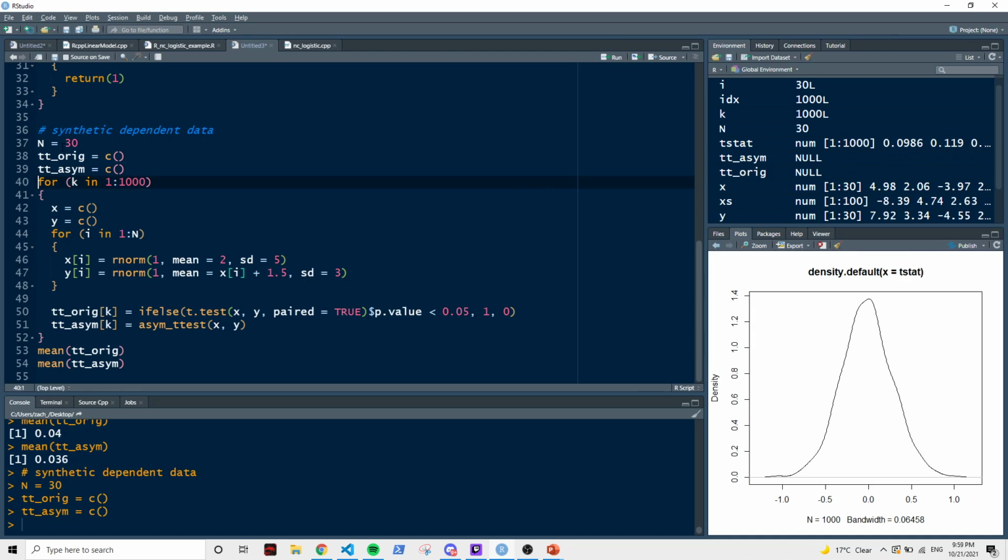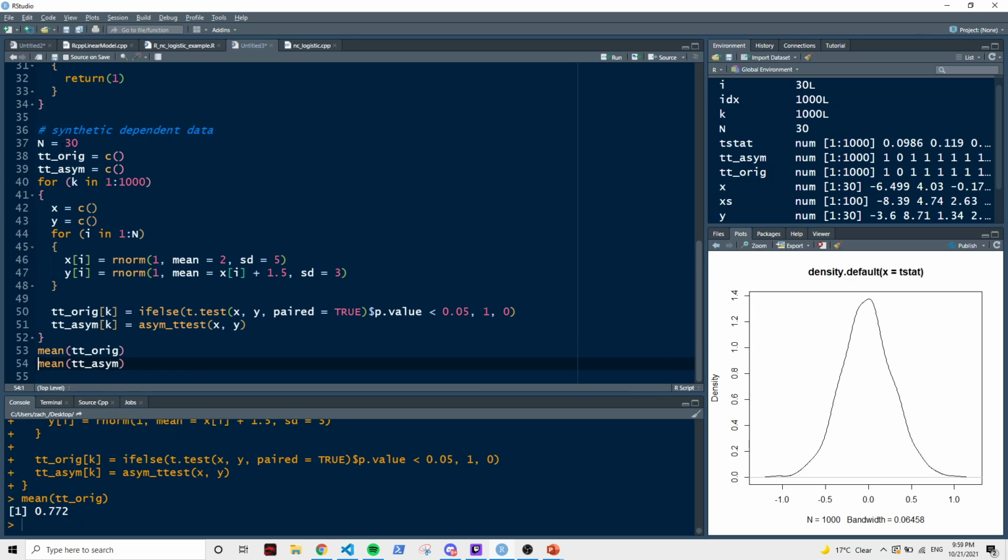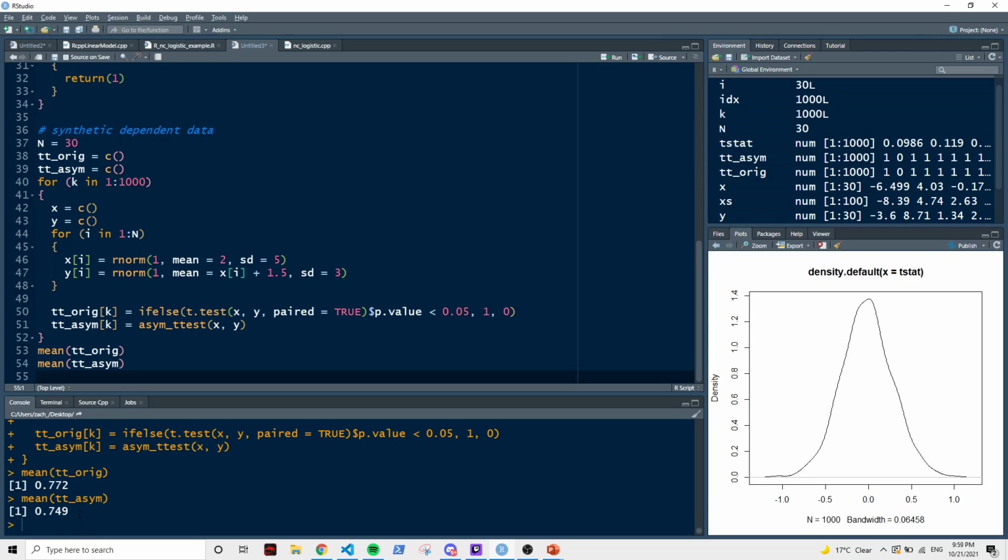So now if I simulate this while the null hypothesis is false, using the t-test, we got a 77% true positive rate, because recall now the null hypothesis is actually false. And then using our asymptotic test, we got a 74.9% true positive rate.